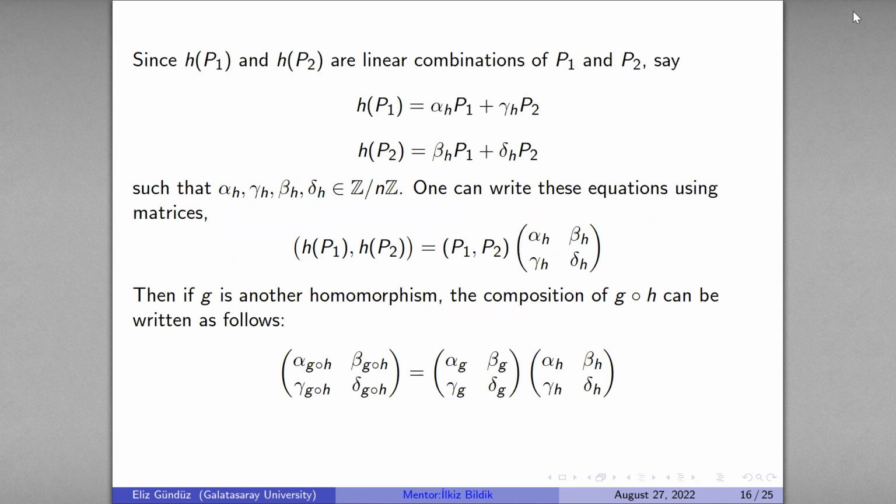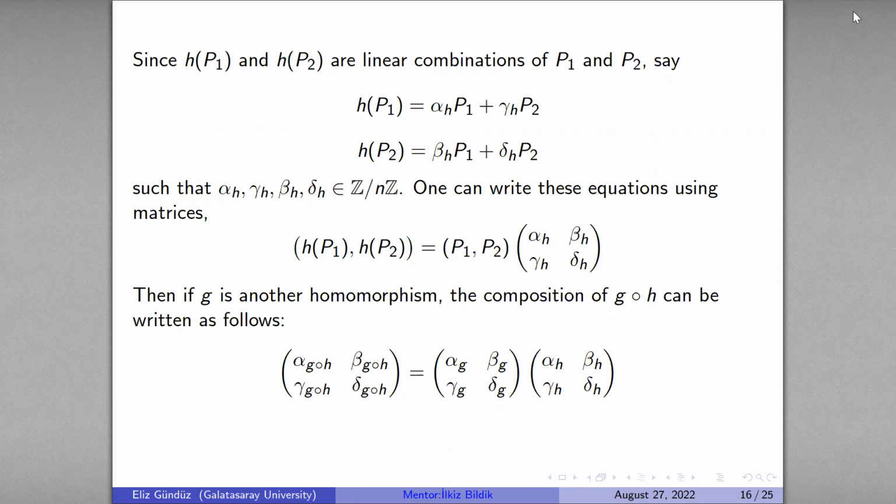Since H is a homomorphism from Cn to itself, HP1 is again in Cn. So we can write HP1 and HP2 as linear combinations of P1 and P2, and we write this. And we can write this equation in matrix form.